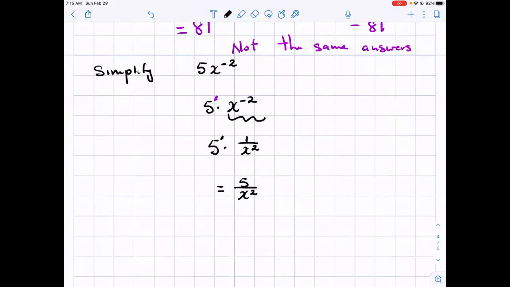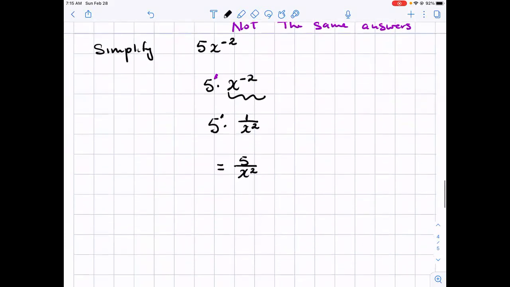Another thing to pay attention to is that when the power is negative, it doesn't mean that the answer will be negative.